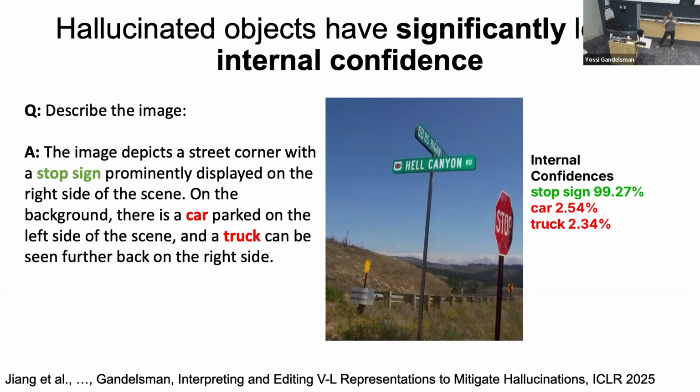If you decode them directly without letting the model just hallucinate and write down the text, if you just ask it what do you see in the image right now, it will not tell us that there is a car or truck here. So if we can detect these cases, we can even steer them. We can remove this hallucination, right?